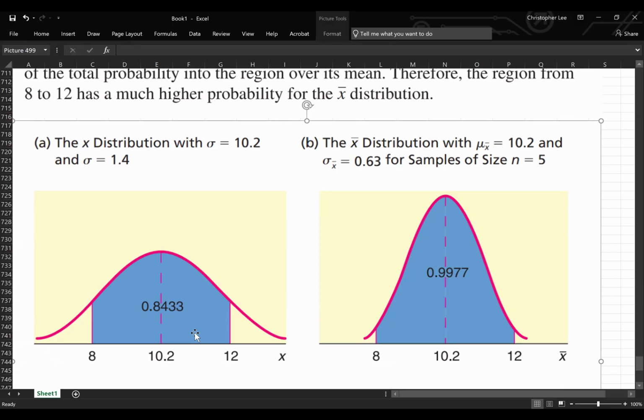And the area in between is 0.8433. But in the X bar distribution, where the mean for X bar is 10.2 and the standard deviation of the mean is 0.63, for samples of size n equals 5, you notice that this area is 0.9977, so this covers more of the distribution. It's more narrow, right?